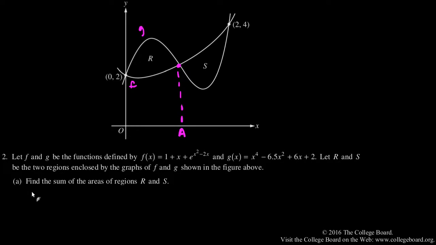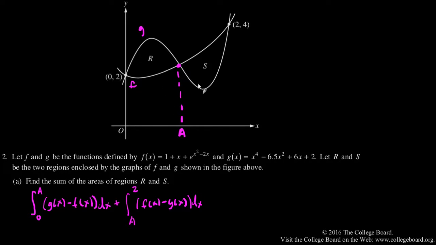So I'm going to end up eventually doing the integral from 0 to a of g of x minus f of x dx, plus the integral from a to 2 of f of x minus g of x. And that'll be much clearer once I do the graphs.